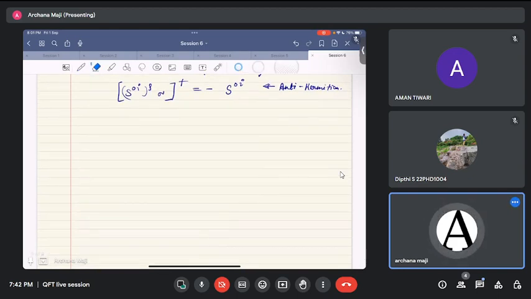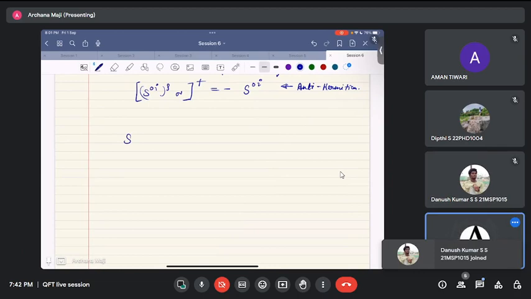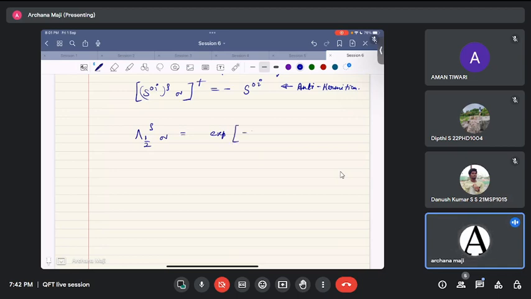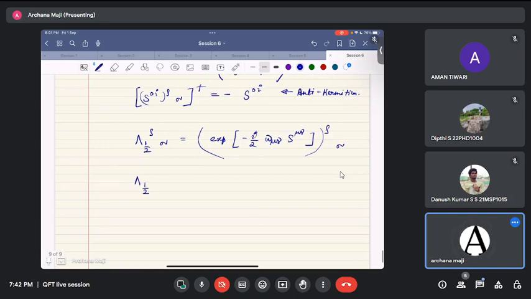Okay, so what does this mean? It means that the finite representation, which we wrote as lambda half rho sigma, what was that? That was exponential of minus i over 2 omega mu nu S mu nu. If we take dagger, if we try to see what lambda dagger lambda is, it will not be identity.